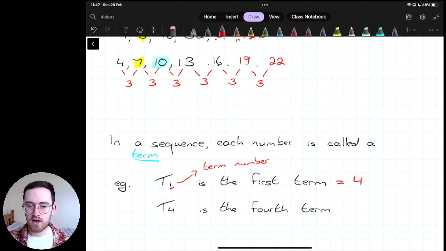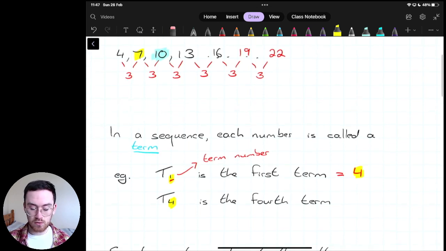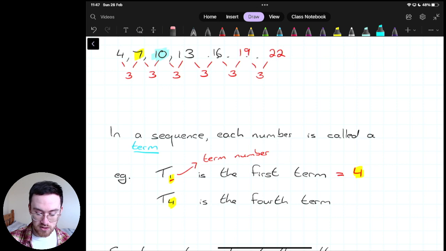The term number is the small number down here, and that tells us what term we're looking at: the first term, the fourth term, the third term. Then the actual value of T1 is the number in the pattern, which is 4. Or T4, the fourth term, if I look at my pattern, would be 13.